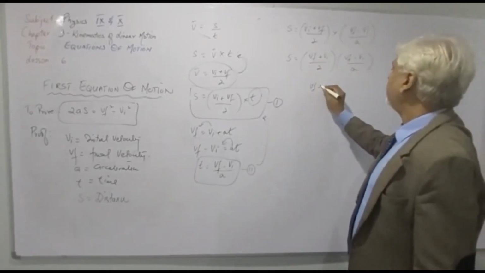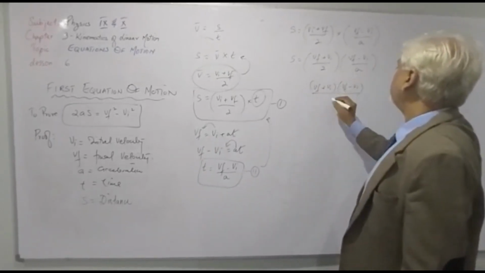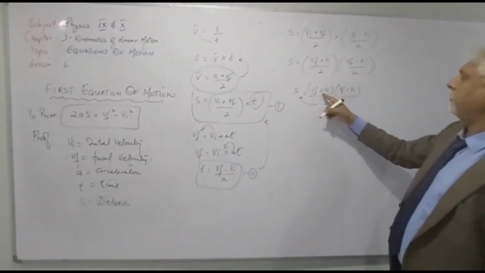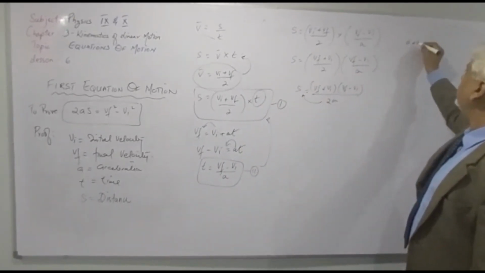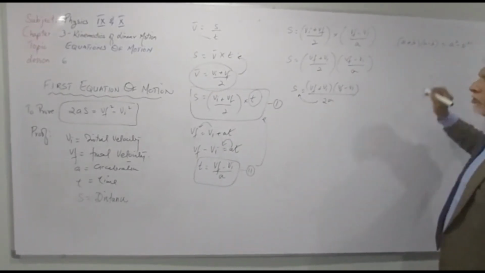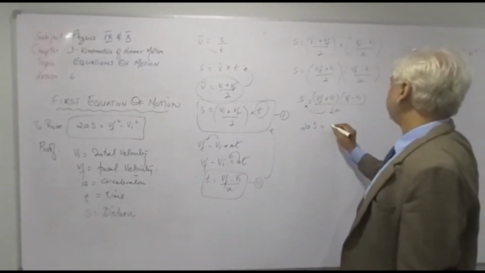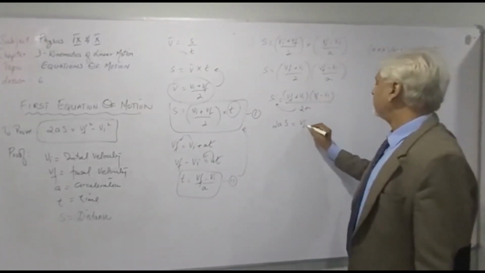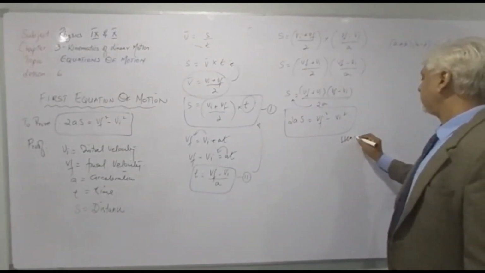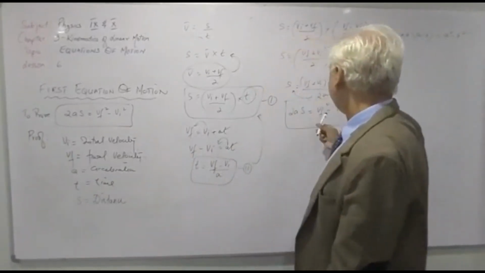You know that this is in the form of a plus b into a minus b, so this will give you a squared minus b squared, difference of two squares. So I can take this 2a here, it will become 2as, and this of course can be written as vf squared minus vi squared. Hence, the third equation of motion, 2as is equals to vf squared minus vi squared.